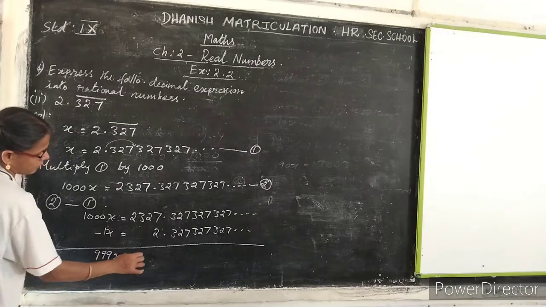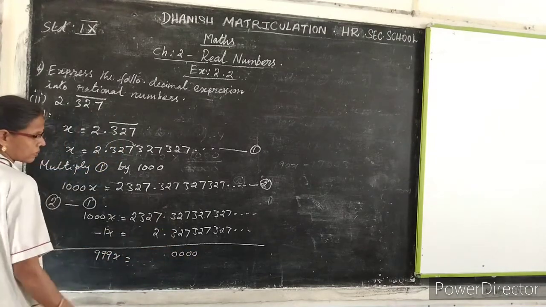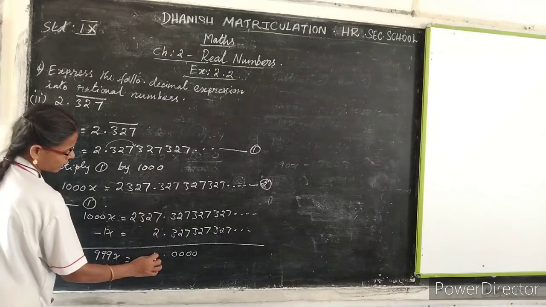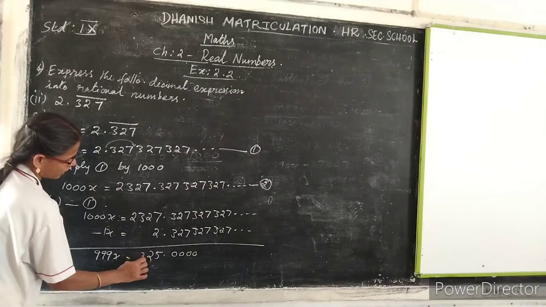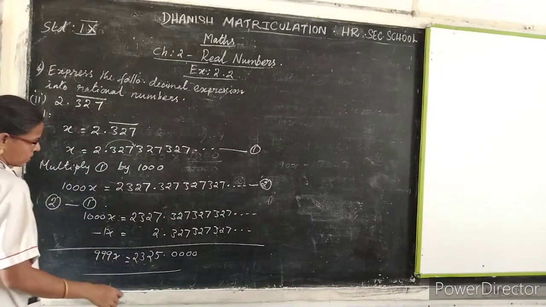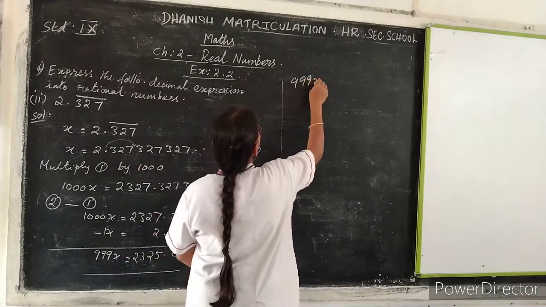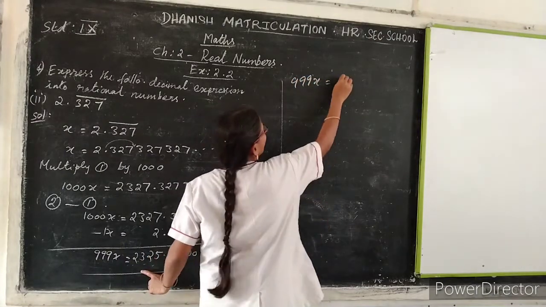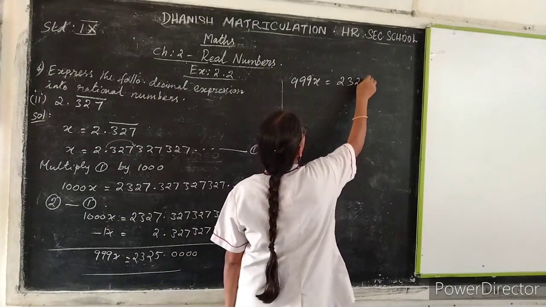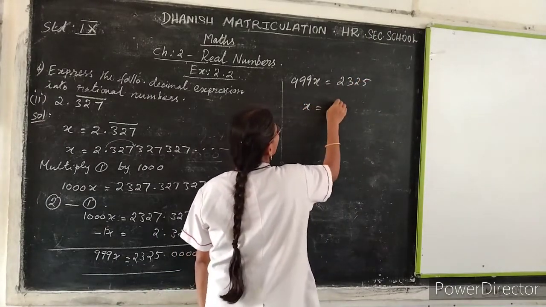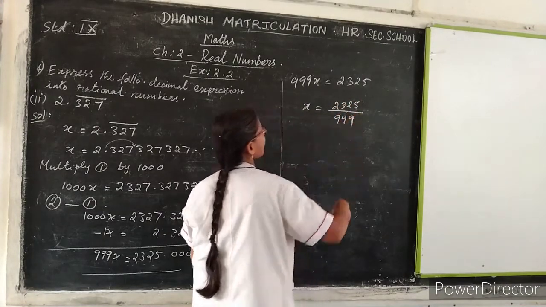999x is equal to, here after the decimal point all values are 0. So here 7 minus 2 is 5, 2, 3, 2. Therefore 999x is equal to 2325. Therefore x is equal to 2325 divided by 999.